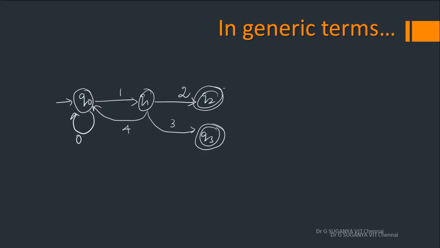Okay. So now if you just map it to the Microsoft Word application example, what is 1? 1 is pressing the cross button. What is operation 2? It is clicking on the save button. What is operation 3? It is clicking on the don't save button. And then what is operation 4? It is clicking on the cancel button. Right?